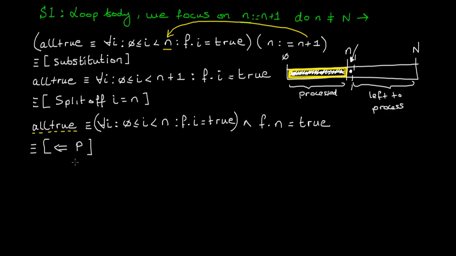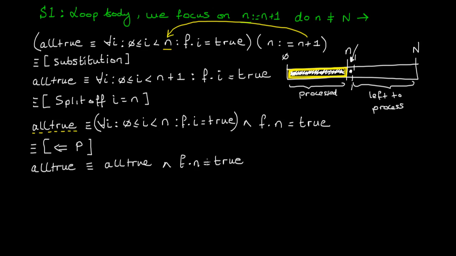So we can rewrite and simplify that as: all true then is all true and f.n equal to true.